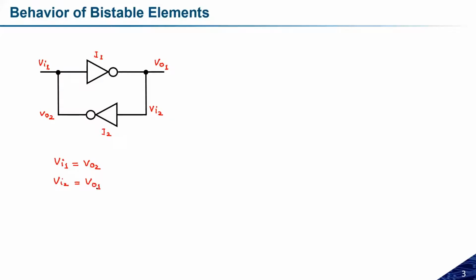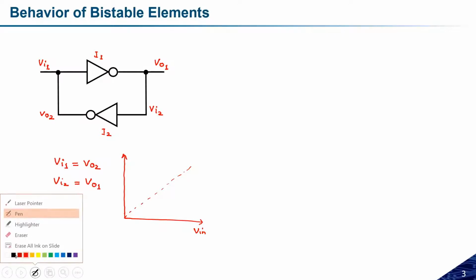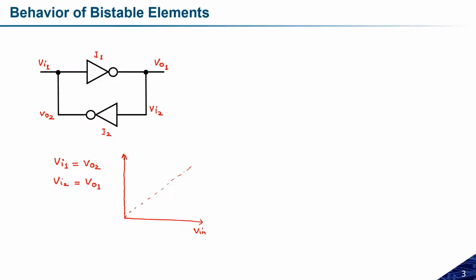Now let us try to understand one very important thing: the characteristics of an inverter and how it works. Suppose I provide some input like a ramp, increasing the input with a proper step size. The characteristics of the inverter look like this.